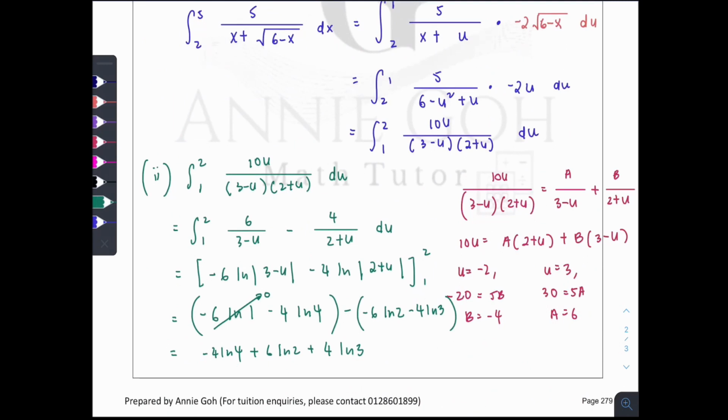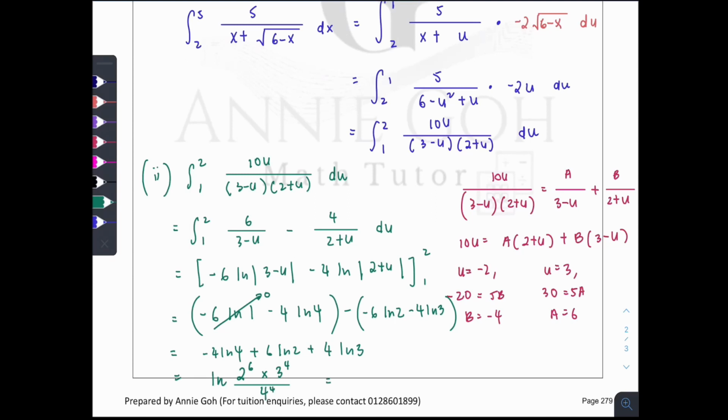So let's combine it into a single ln. Plus means multiply, minus means divide. So we have 6 ln 2, which is 2 to the power 6, multiplied with 3 to the power 4, and minus 4 ln 4 means divide by 4 to the power 4.